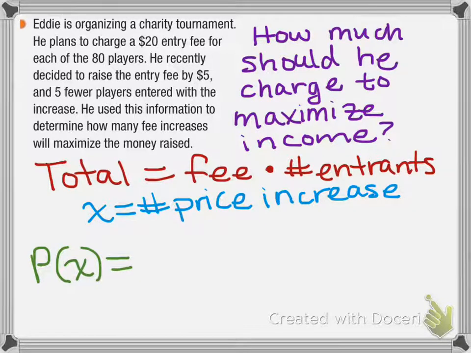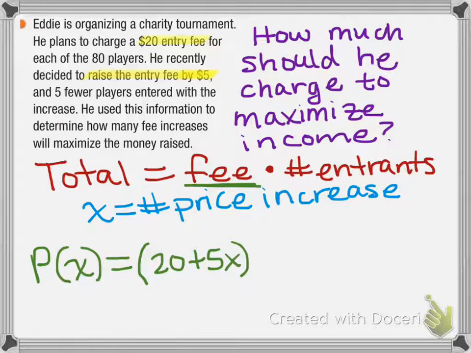So starting with the fee, there's a $20 entry fee, but it could be raised by $5. Okay? So based on that, for the fee portion, I'm going to have 20 plus 5x.